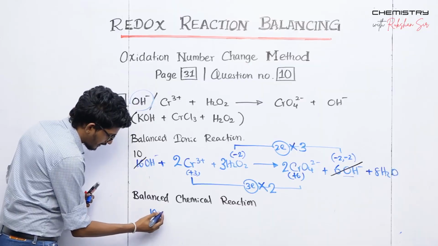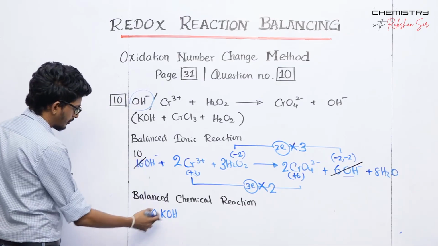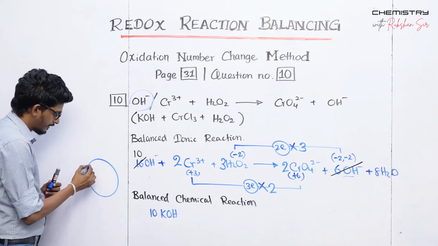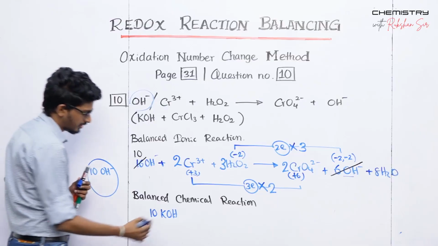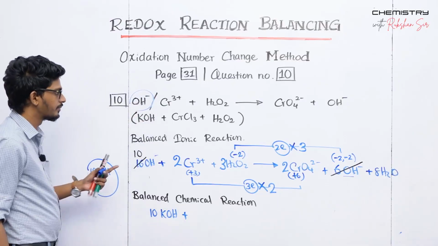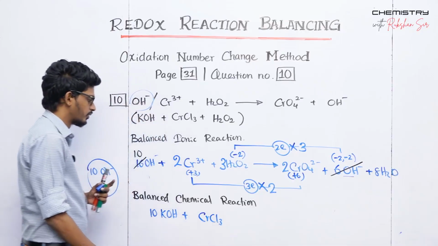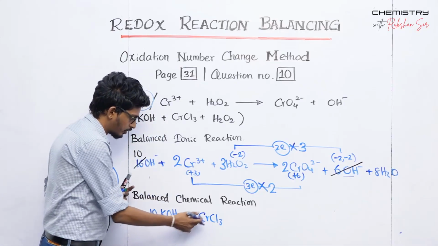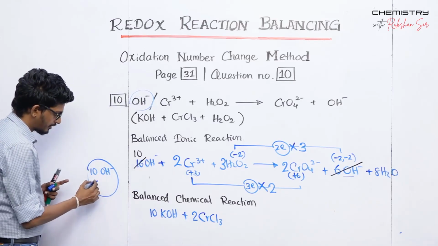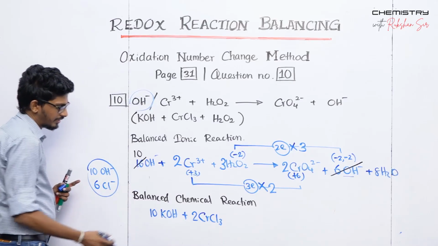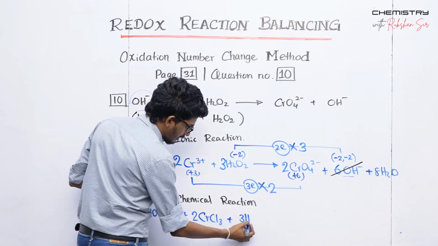As you need to provide 10 OH minuses, 10 KOHs are needed. To provide the Cr3+, they had used chromium chloride. To provide 2 of those chromiums, you need 2 here, which means you have added 6 Cl minuses by hand. And 3 H2O2s appear.